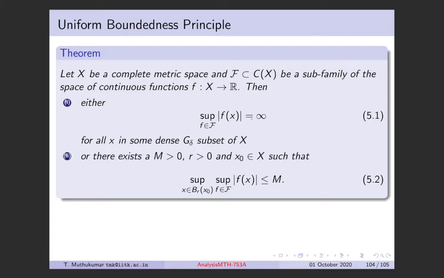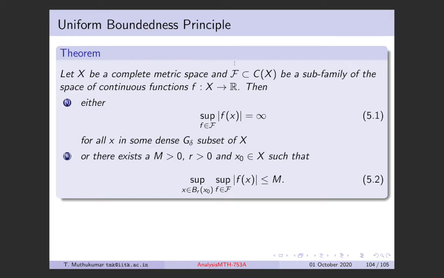The other possibility is that there is an M, an R, and an x naught such that the supremum over all x in a ball of radius R centered at x naught, and the supremum over all f in the subcollection, is bounded by some M. You see, one supremum is over the variable x, and the other is over the function f.